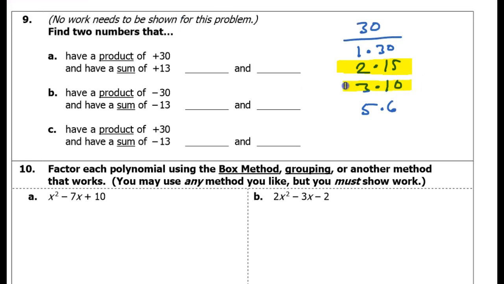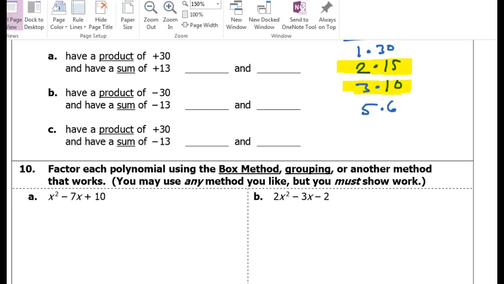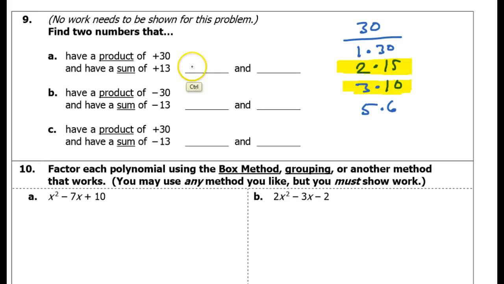I could also make a sum of 13 out of these if they were both positive. Okay, so again, to make positive 13, I would need a negative 2. And for this one, they would both be positive. Now, to make a positive 30, the negative 2 times 15 would not work. So that's why the answer is going to be 3 and 10.